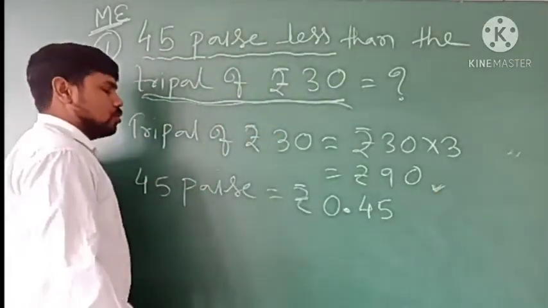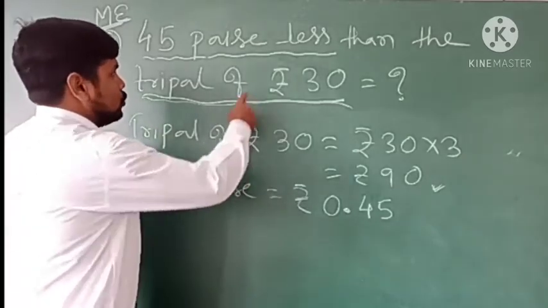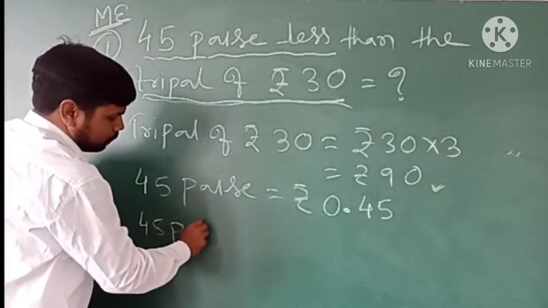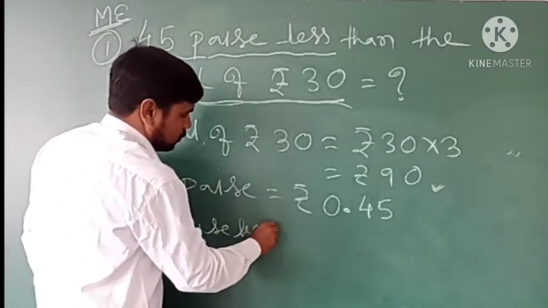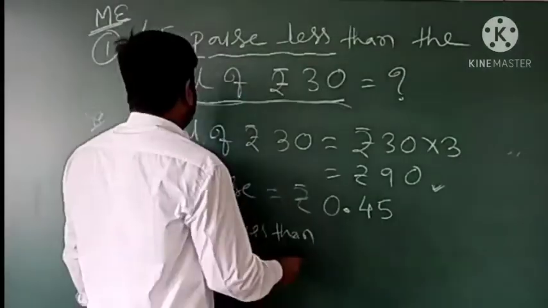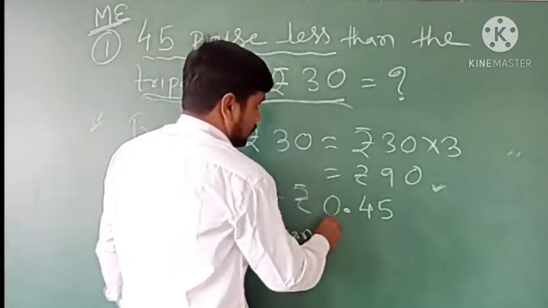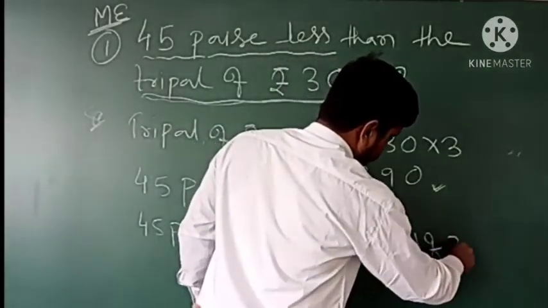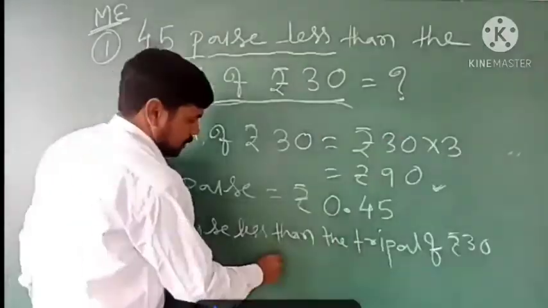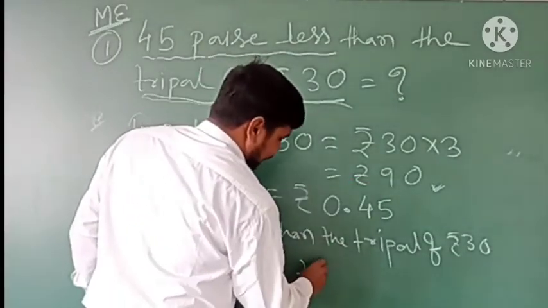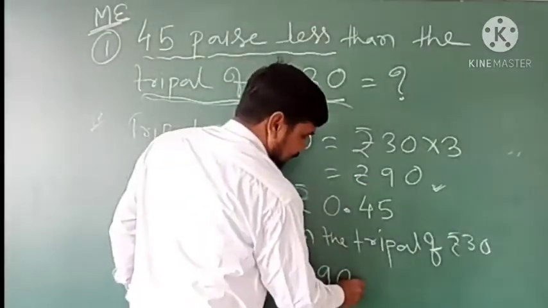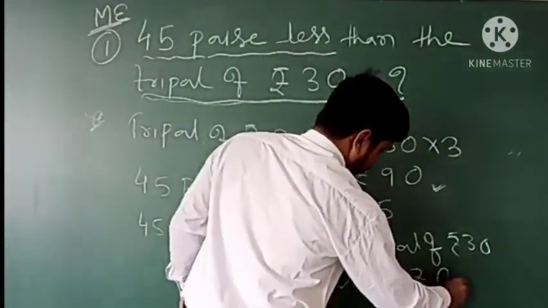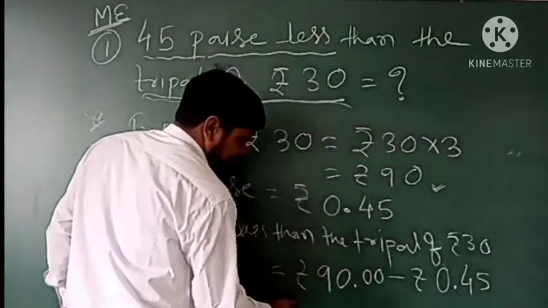So here it is asking 45 paise less than the triple of rupees 30, so rupees 90.00, there is no paise, minus rupees 0.45. Just subtract this.